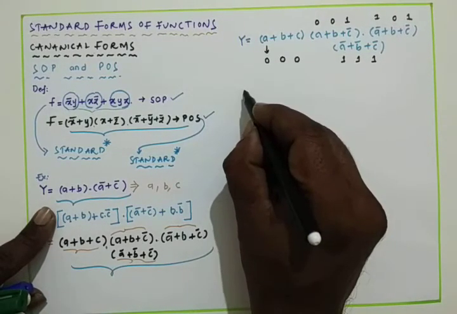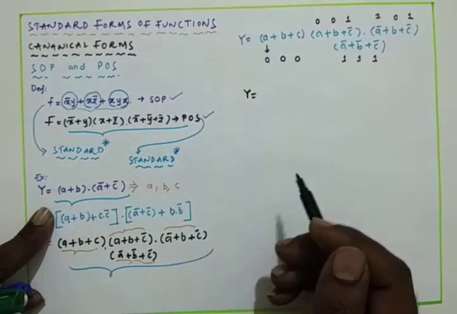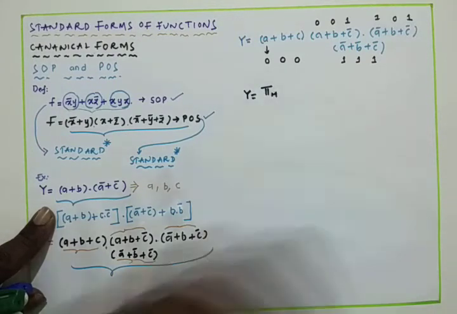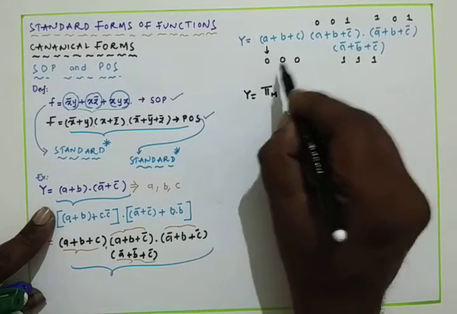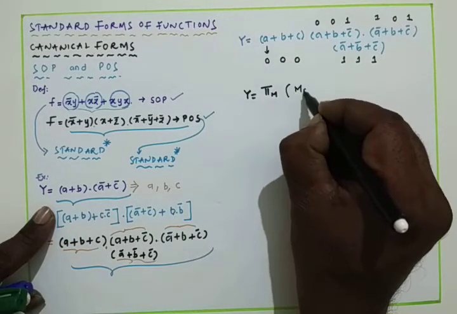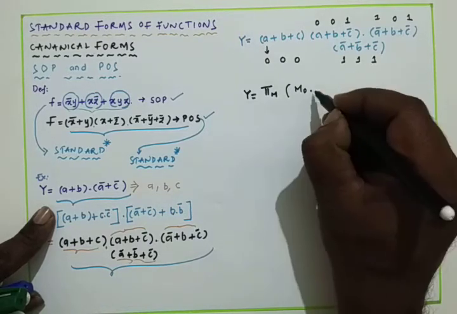So Y is equal to a product, which can be represented with pi of m. 000 means 0, so m0.